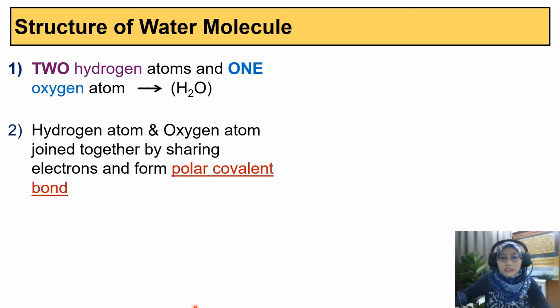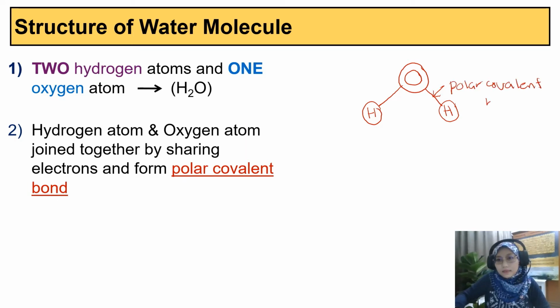So the structure of a water molecule is mainly made up of 1 oxygen atom and 2 hydrogen atoms, by forming the polar covalent bond between oxygen and hydrogen atoms.